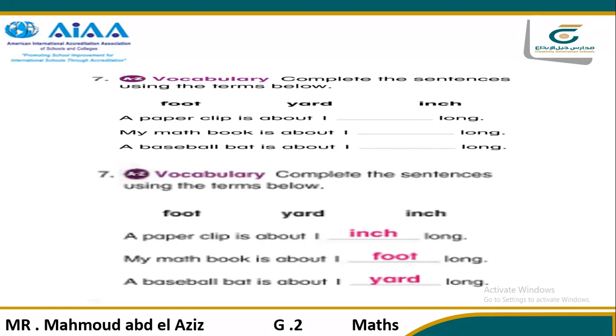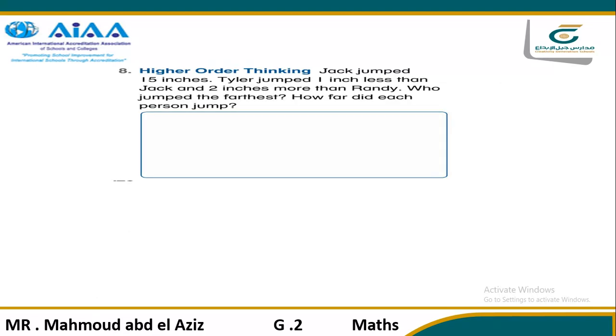Excellent, dear students. Another question. Jack jumped 15 inches. Taylor jumped 1 inch less than Jack and 2 inches more than Randy. Who jumped the farthest? And how far did each person jump?